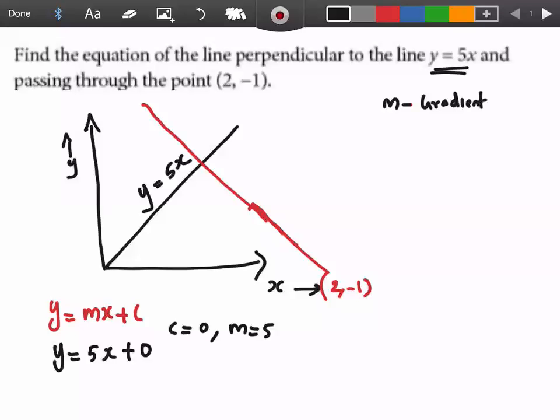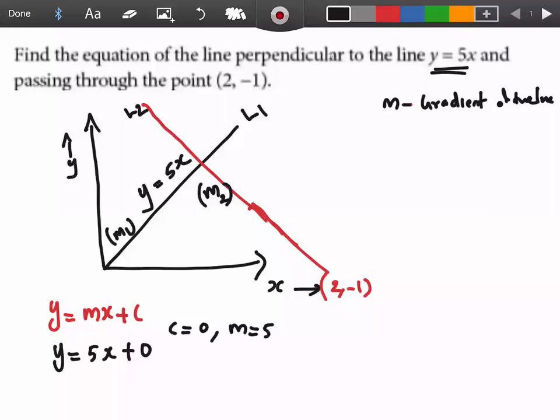M is known as the gradient of the line. For the time being, I will call this line L1 and the other line L2. We can call the gradient of L1 as m1 and the gradient of L2 as m2.